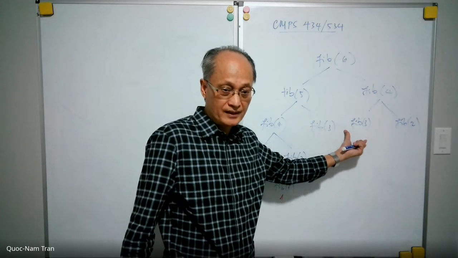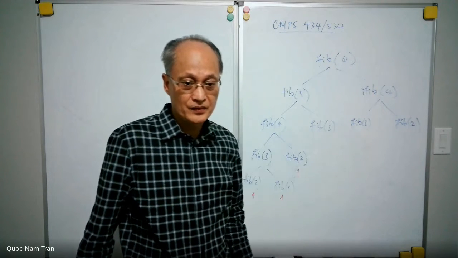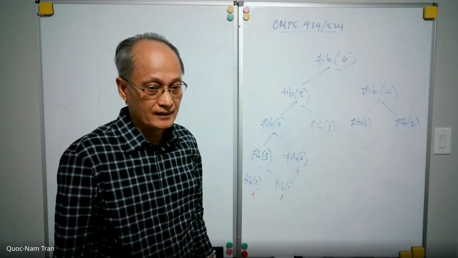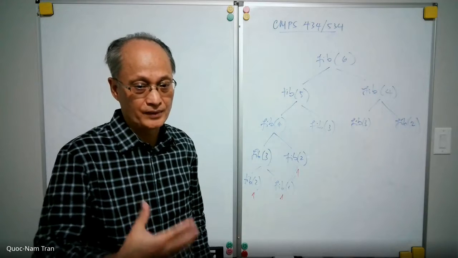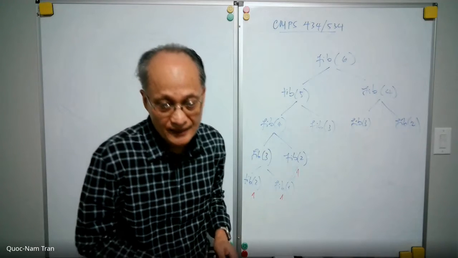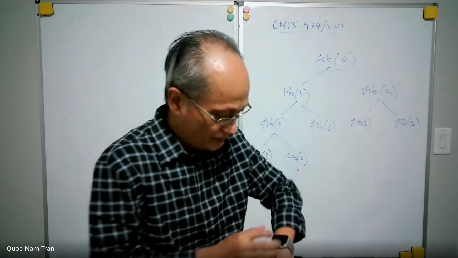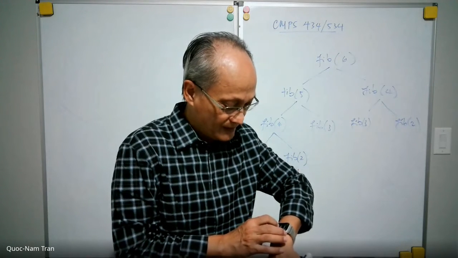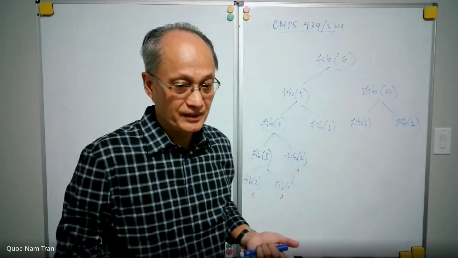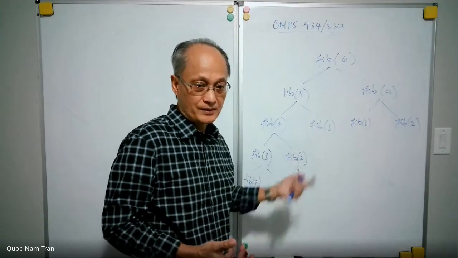And hopefully the new algorithm will be better than the divide and conquer in terms of the complexity. Okay, I'll give you 2 minutes and please have a brainstorm about how we can deal with this situation.